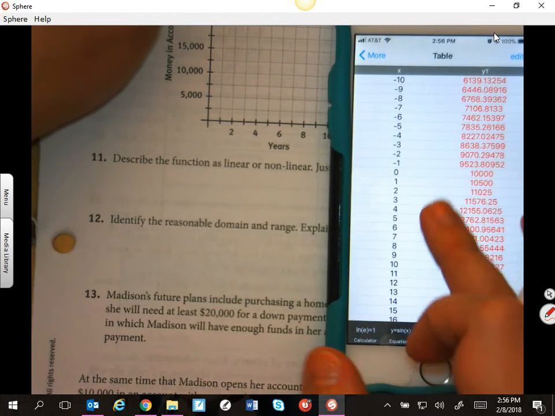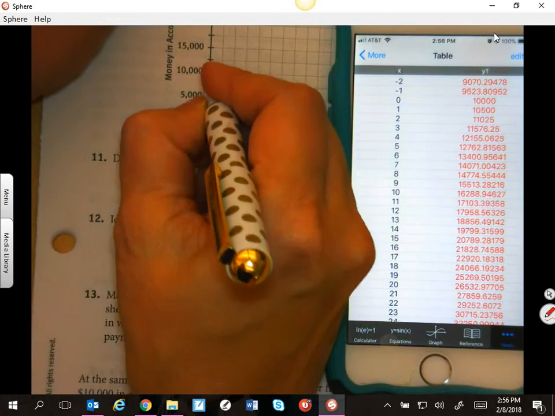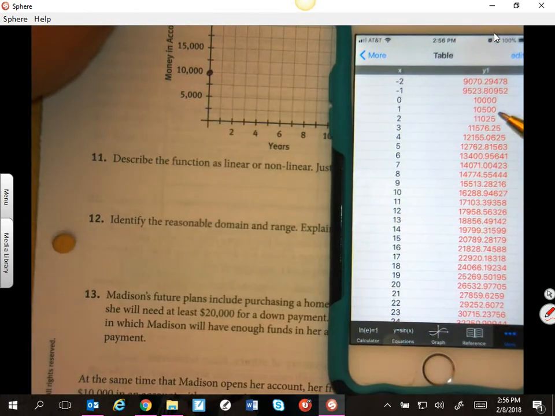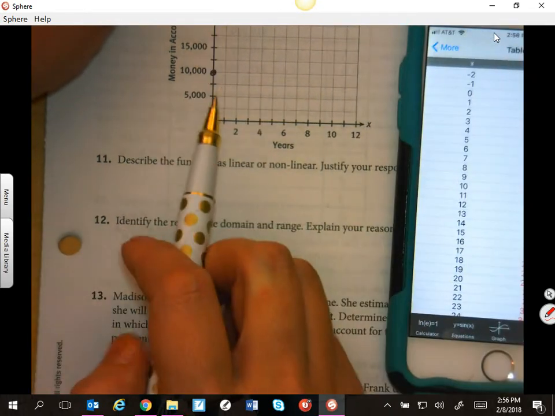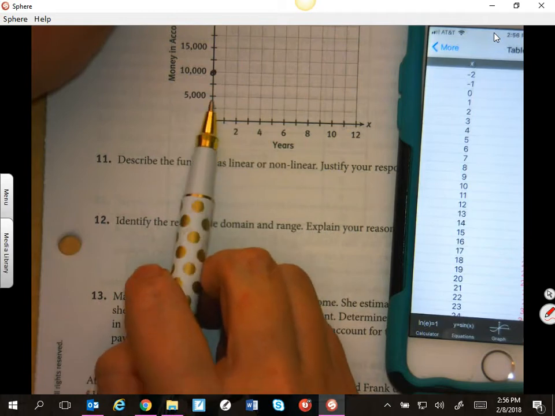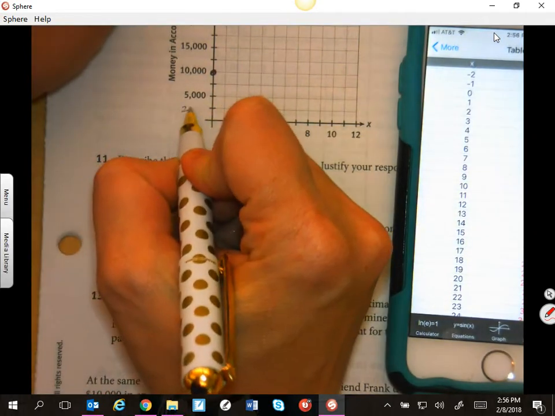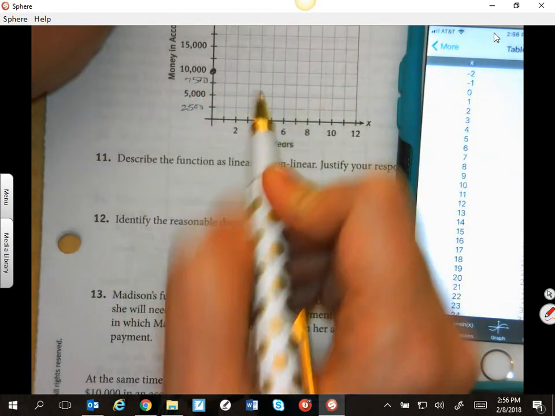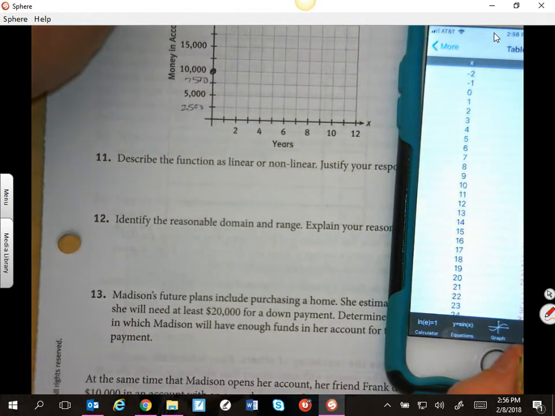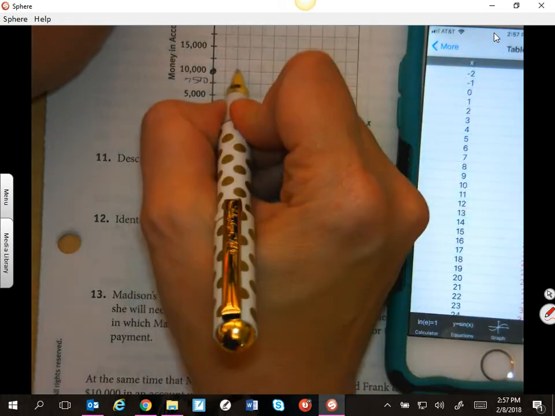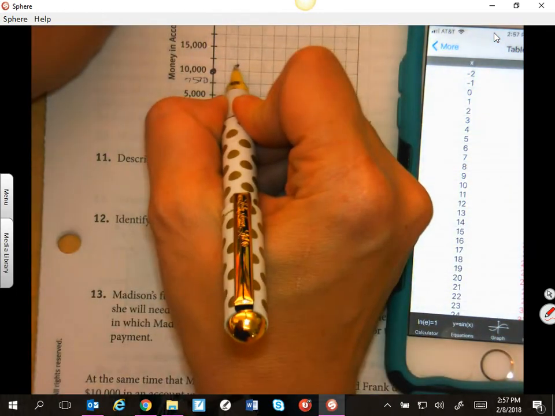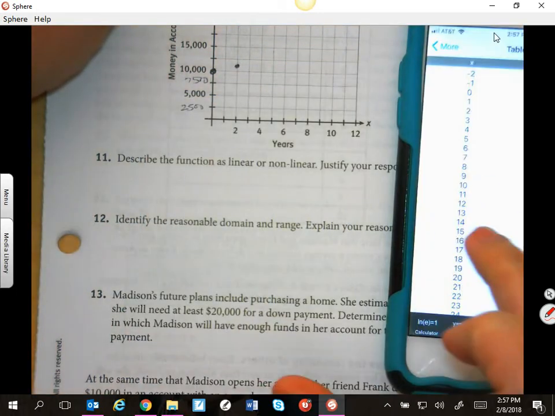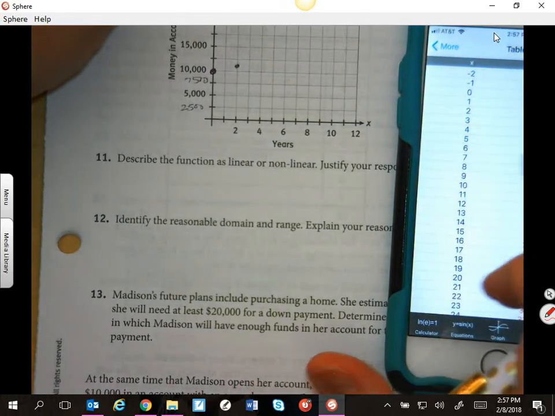All right. So 0 is 10,000. 1 is 10,500. We're counting by 5,000. So this is going by 2,500s, right? So I'm going to skip to 2. 11 is just a little bit higher. Kind of in the middle. We can go to 4 is 12.